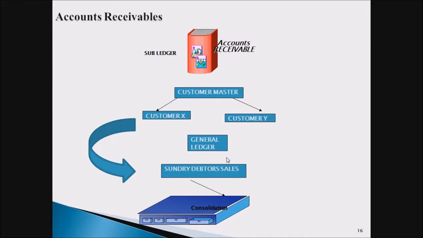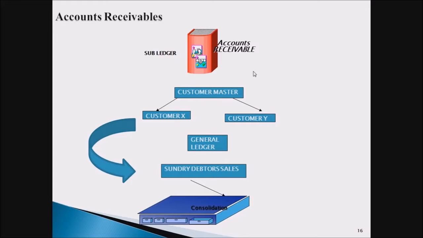But when I need to know the individual values, that is, the amount due from customer X, customer Y, or customer Z, I cannot depend on my GL account. I have to come to my subledger, and at the subledger level I create a customer master. That is nothing but a list of all the customers.